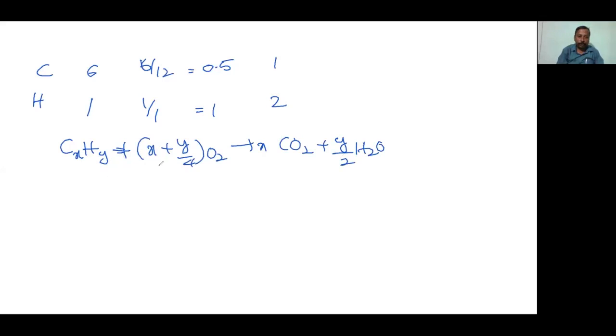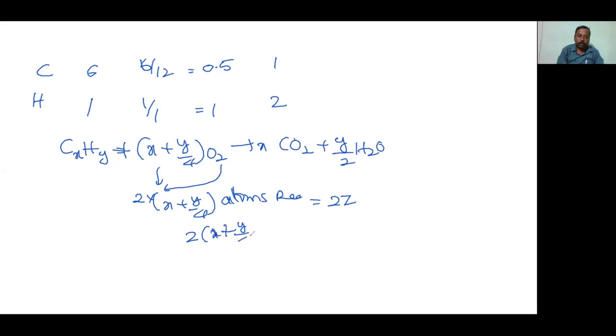So from this we can understand the molecules. For oxygen atoms, 2 into (x plus y by 4) atoms are required. As per the question, this is equal to half, that is, double the number 2z. So 2 into (x plus y by 4) is equal to 2z.